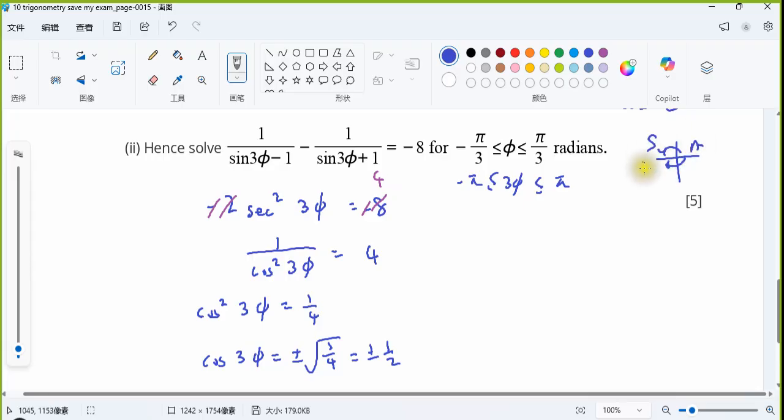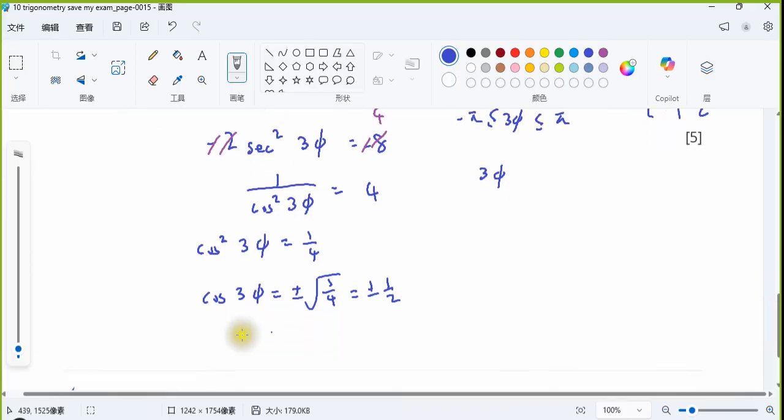We have the ASTC. So the basic angle will be the arc cos of half, which is 60 degrees, which is pi over 3.